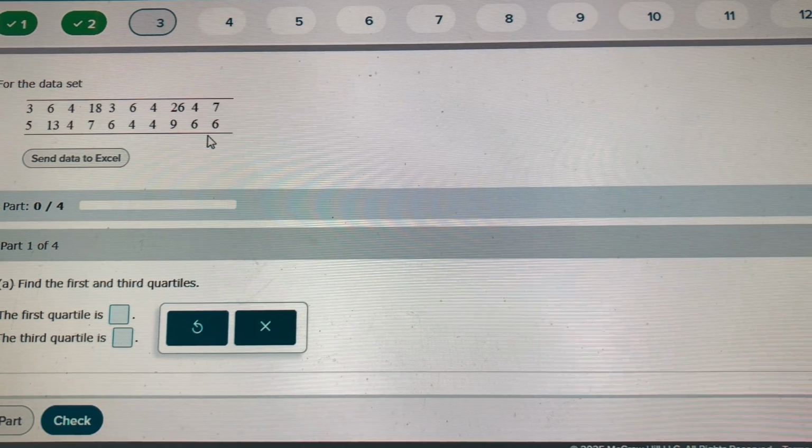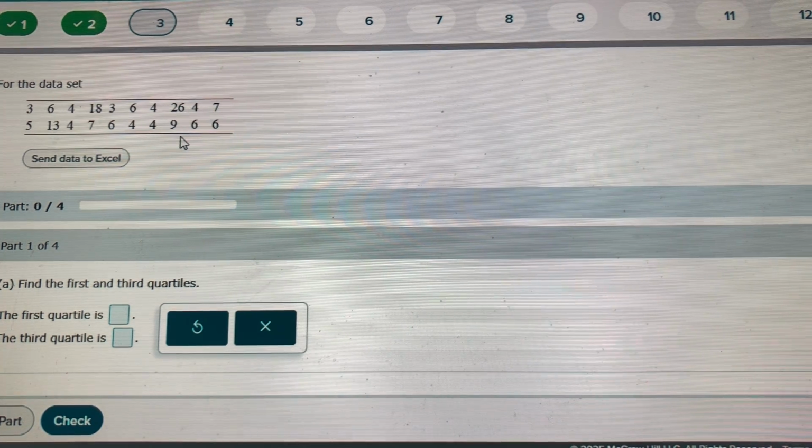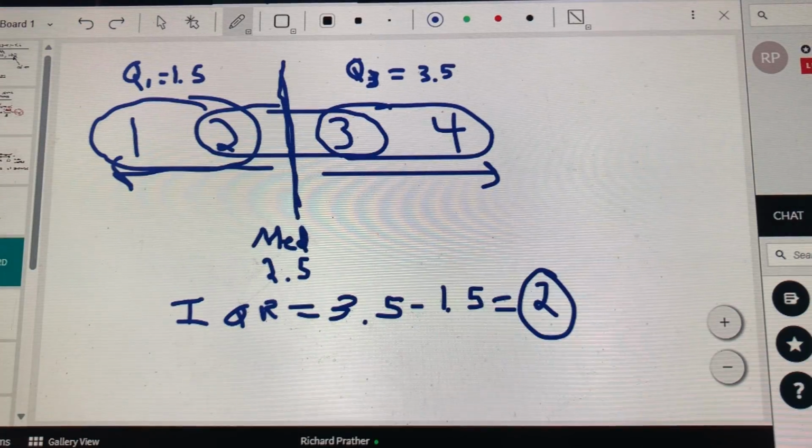So you're going to use every number to find the quartiles here, because there's 2 numbers in the middle for the median, and then there's 2 numbers for both halves too, because 10 is an even amount of numbers. So this example, if you did it by hand, would work exactly like the one I did, just longer. Or you don't have to do this by hand.